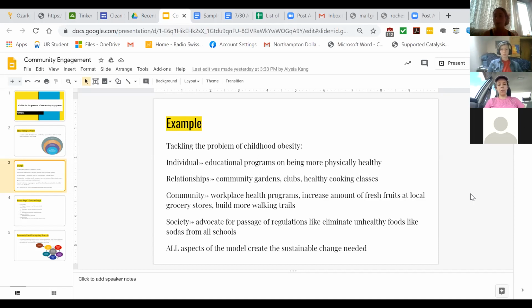Because it could be an individual, it could be on a community level. If you're doing something on a society level, it's more like lawmaking or policy. If you're doing something on an individual level, it's literally one-on-one.